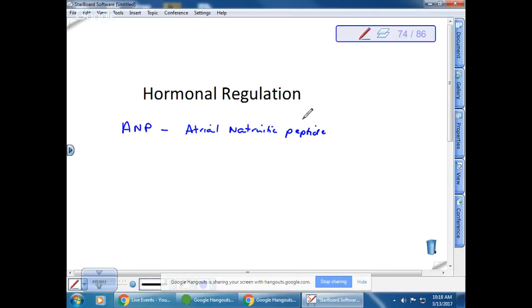Okay. And this is produced if there is too much blood coming back to the heart. And so this is a hormone that is produced by the heart, and it is a vasodilator. So it's produced by the heart, and it causes vasodilation.